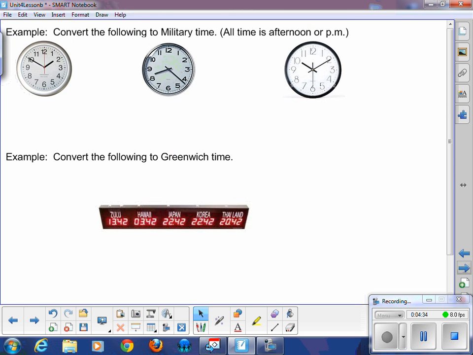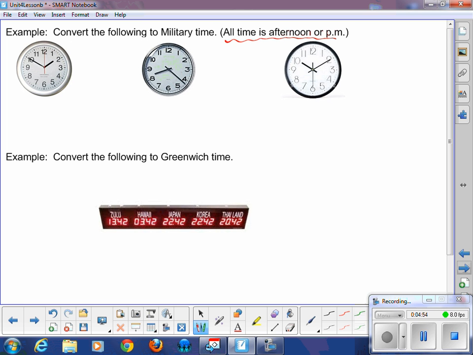So here are a couple of examples. We're going to convert to military time. Now, again, I'm not going to waste my time with the AM time because it's straightforward. It's the exact same thing. It's the PM time that's important. So this right here is afternoon, or PM, when we're looking at the clocks.